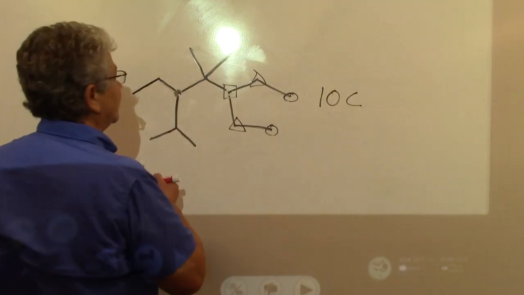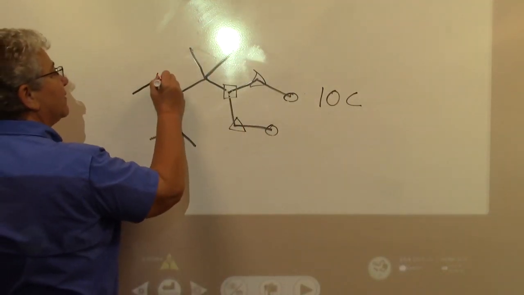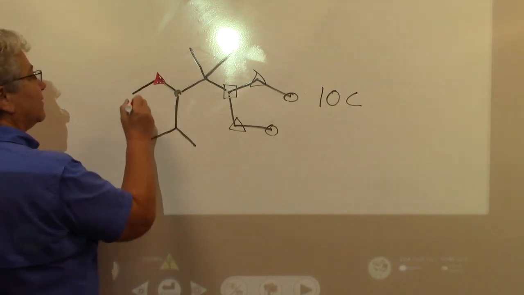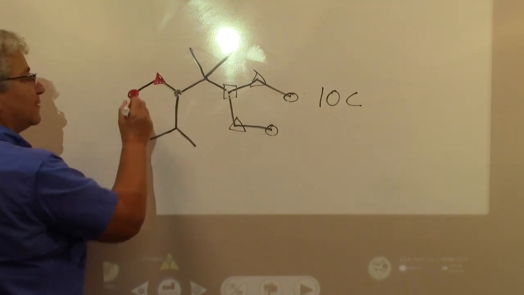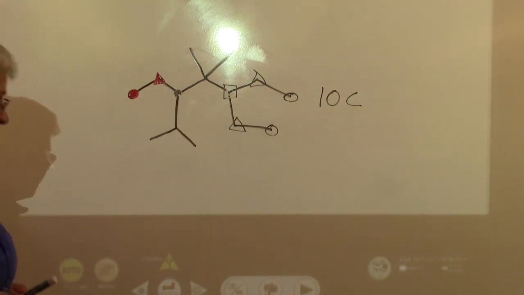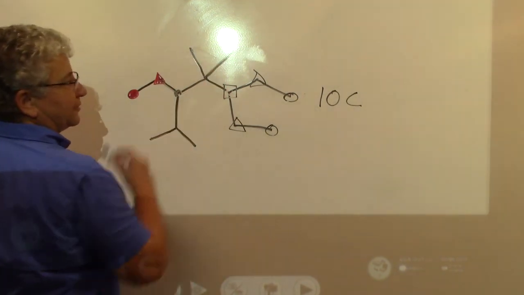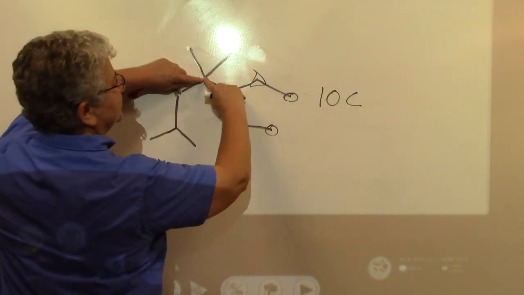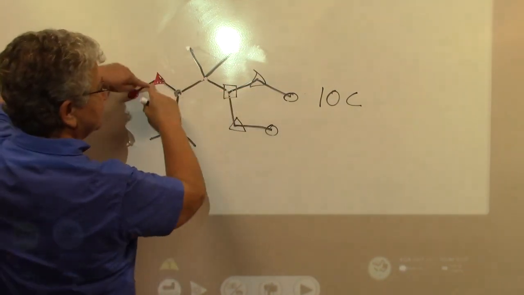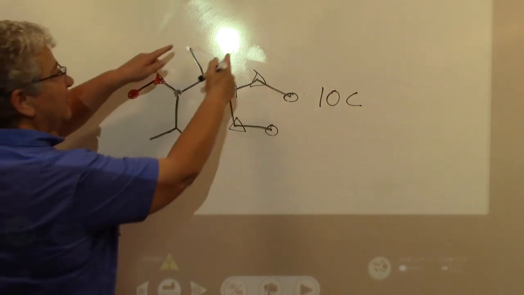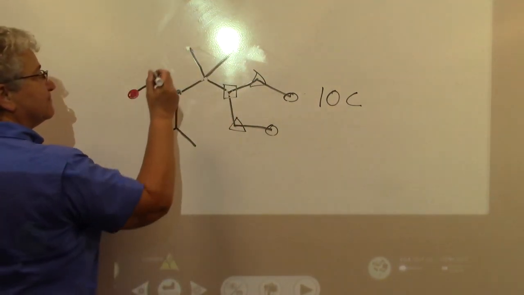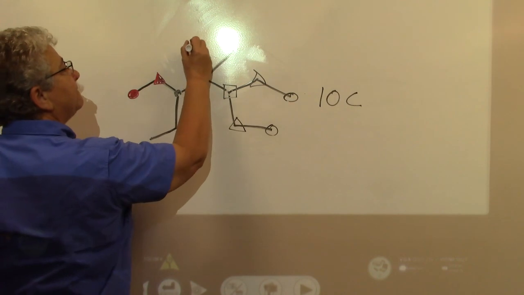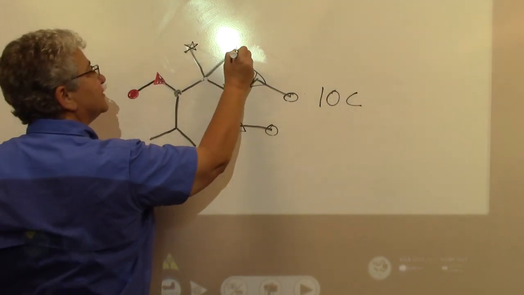So we have that so far. And then these 2 methyl groups are the same as each other because they're methyls and then they meet. So it doesn't matter which way they go from there. So these 2 are the same. Stars.